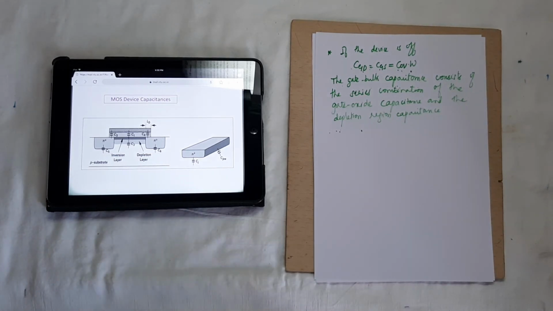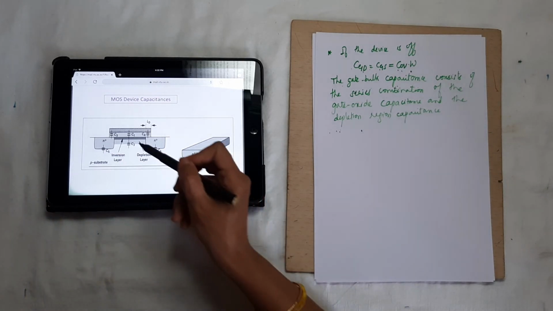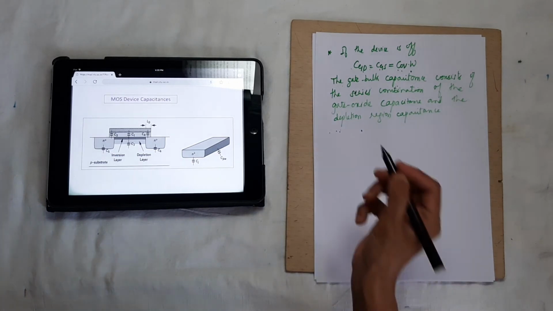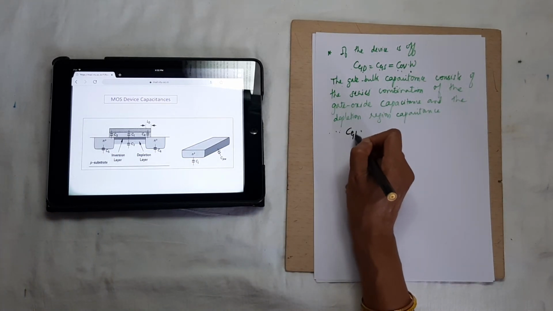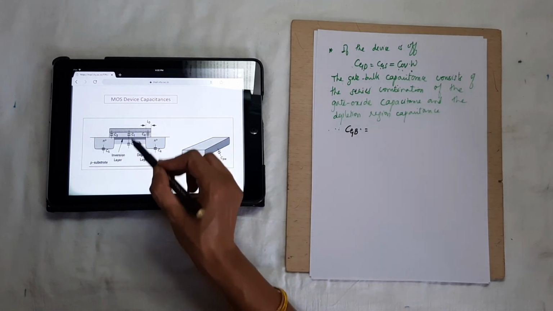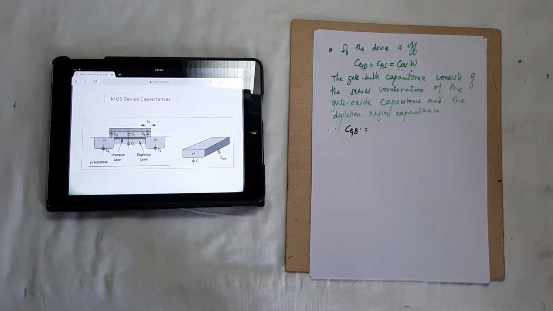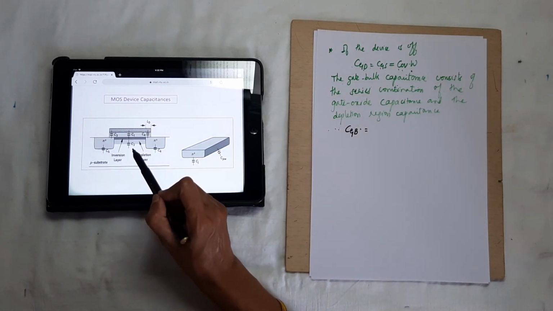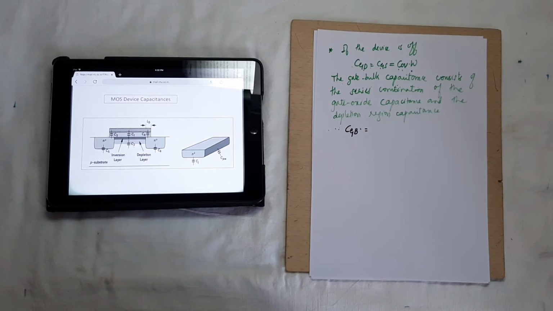So we have these two capacitances, C1 and C2, connected in series. Write the equivalent of that equation. Then we get CGB, that is gate to bulk capacitance, is equal to, these two are in series, so C1 into C2 divided by C1 plus C2.